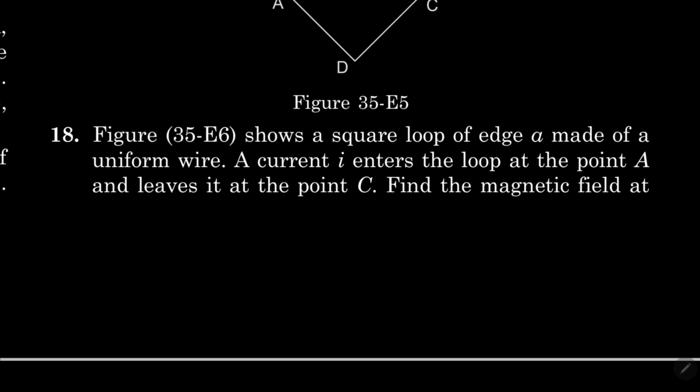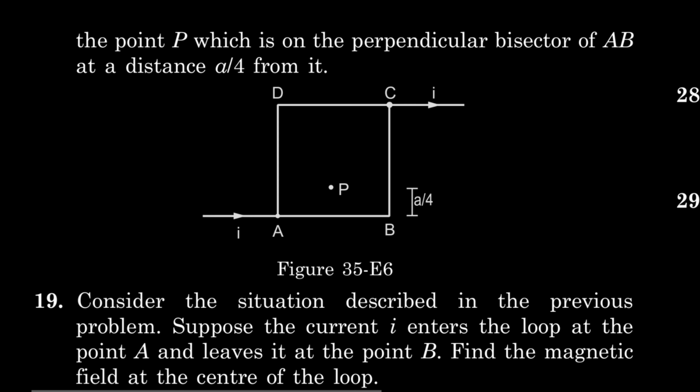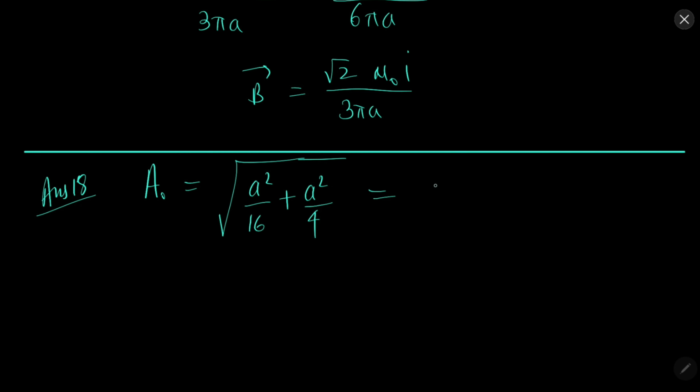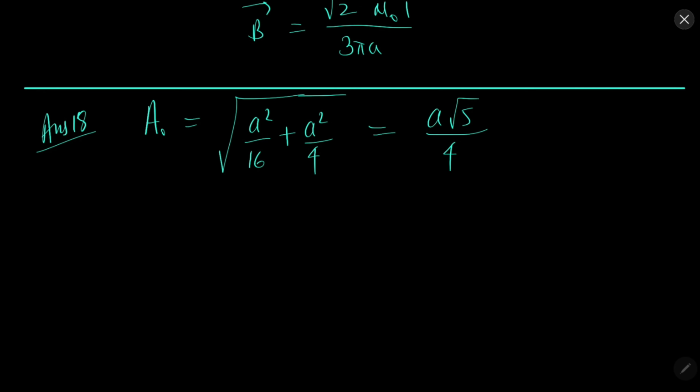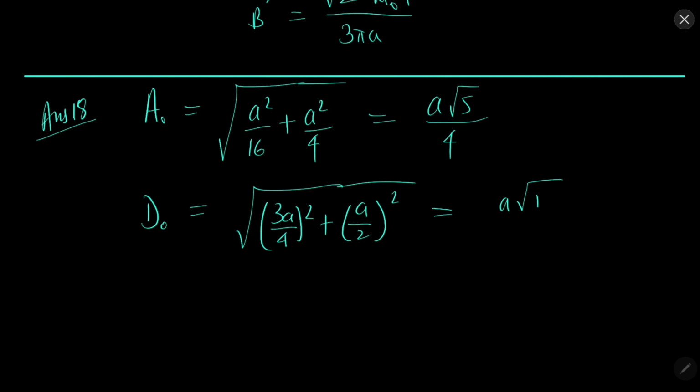In question 18, the figure is given and we need to find the magnetic field at point P, which is on the perpendicular bisector of AB. Solution 18. Let A naught be A square by 16 plus A square by 4, which will give us A root 5 by 4, and D naught is 3A by 4 plus A by 2, which will be A root 13 by 4.